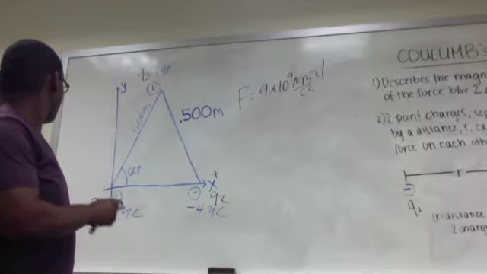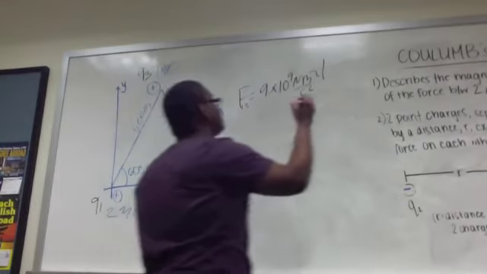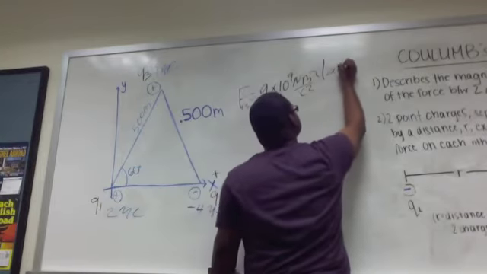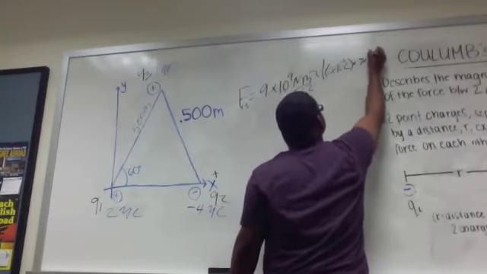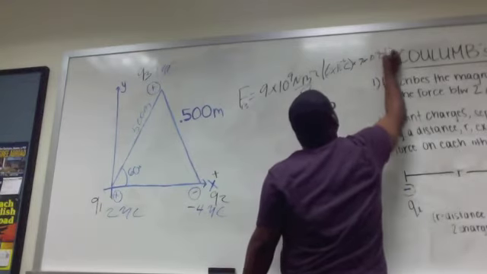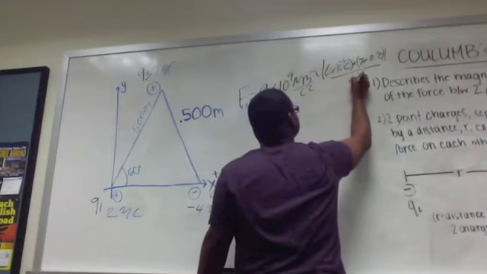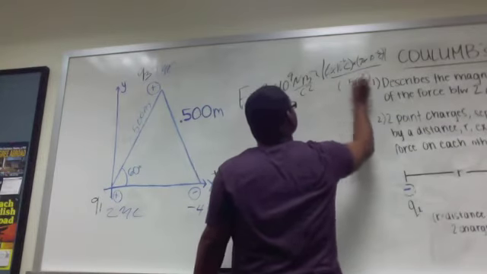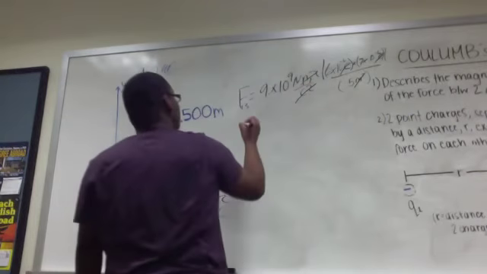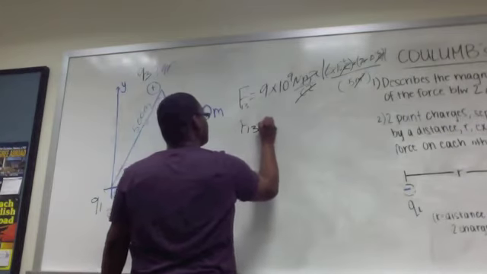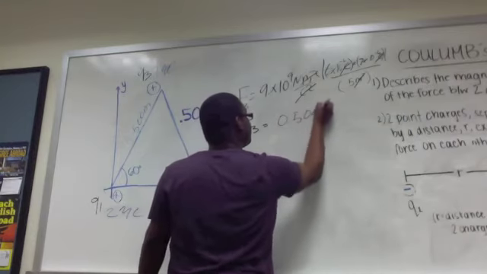So let's do the force of 1 on 3: 2 times 10 to the negative 6 coulombs times 7 times 10 to the negative 6 coulombs, over your distance of 0.5 meters squared. Meters cancel, coulombs squared cancel, so the force of 1 on 3 is equal to 0.504 newtons.